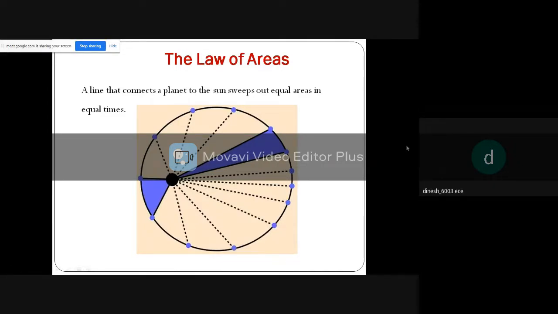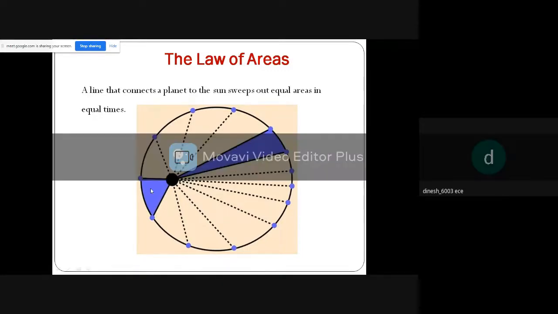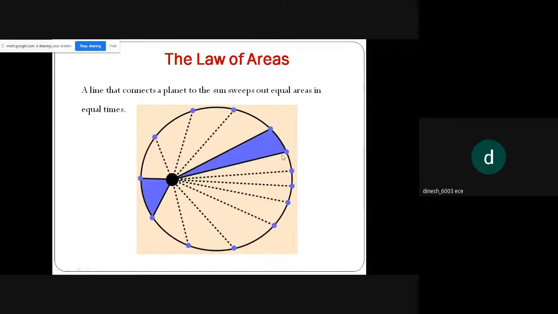Consider the sun is present at the center, and planets are revolving at different time periods. I have marked in some colors. The black dot is your sun, and the violet dots are the points of a particular planet which is revolving around the sun.